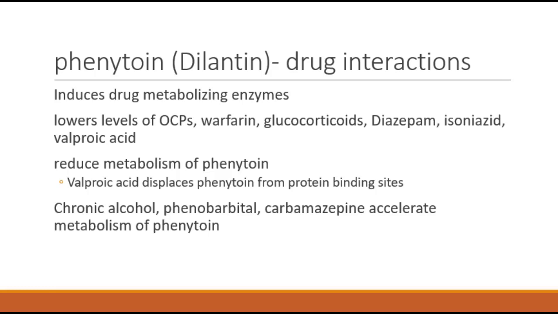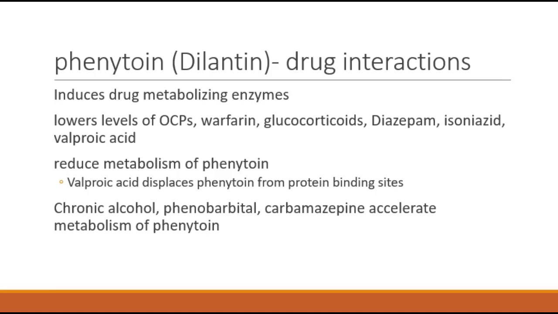Valium, isoniazid, and valproic acid reduce metabolism of phenytoin, so you want to look for phenytoin toxicity with those drugs. Valproic acid displaces phenytoin from protein binding sites, so you end up with increased free phenytoin, which leads to toxicity.